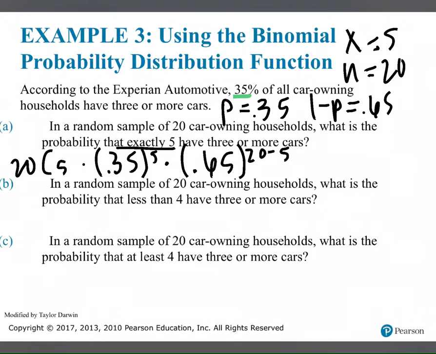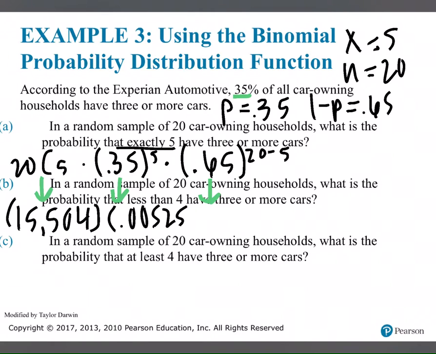When I do that, I'm going to put the numbers that I get for each of these so you can follow along in your calculator and make sure you're doing it the right way. When I get 20C5 in my calculator, I get 15,504, times 0.35 to the 5 is 0.00525, times 0.65 to the 20 minus 5, or to the 15, is 0.00156.